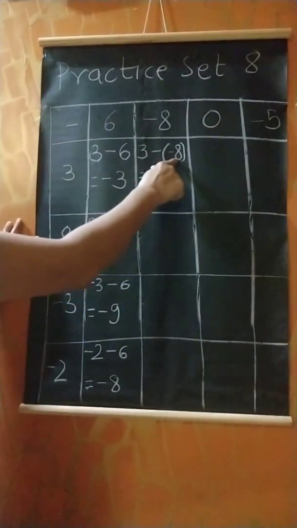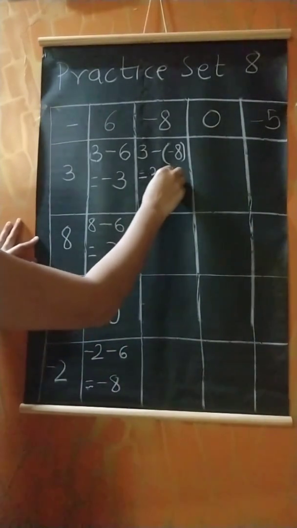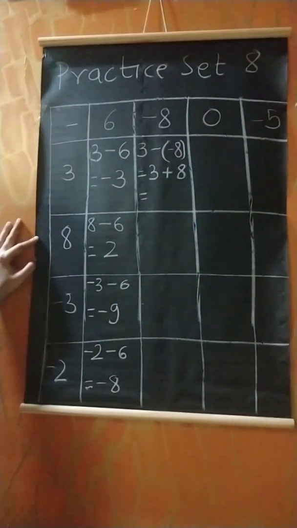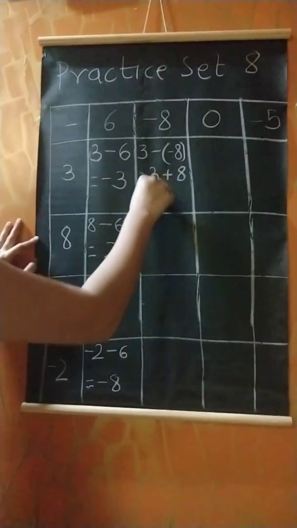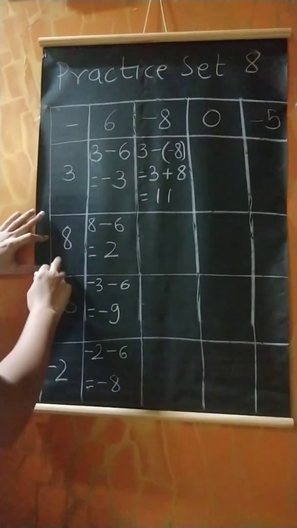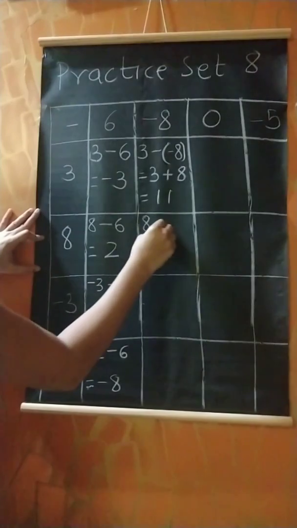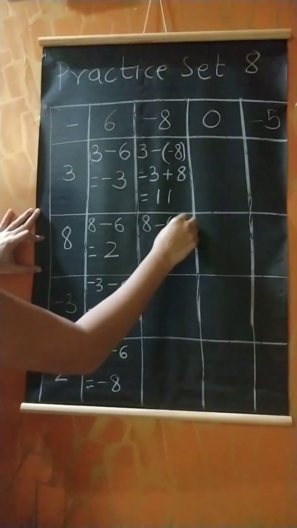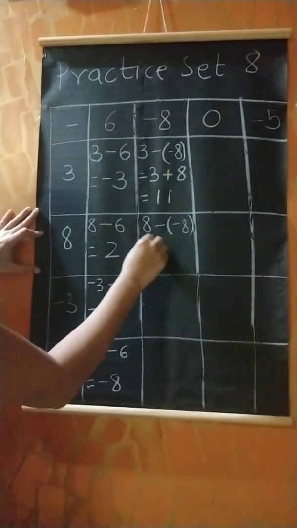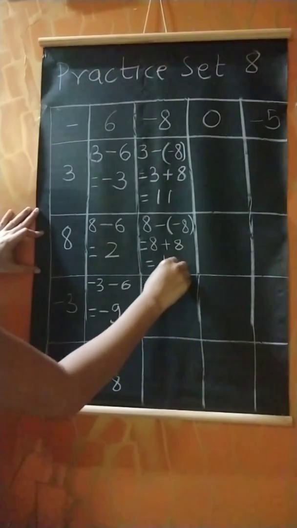So this minus becomes plus, and the sum will be 3 plus 8, and the answer is 11. Understand, everyone? Now 8 minus (minus 8). Here also your minus 8 will be plus, and 8 plus 8, the answer is 16.